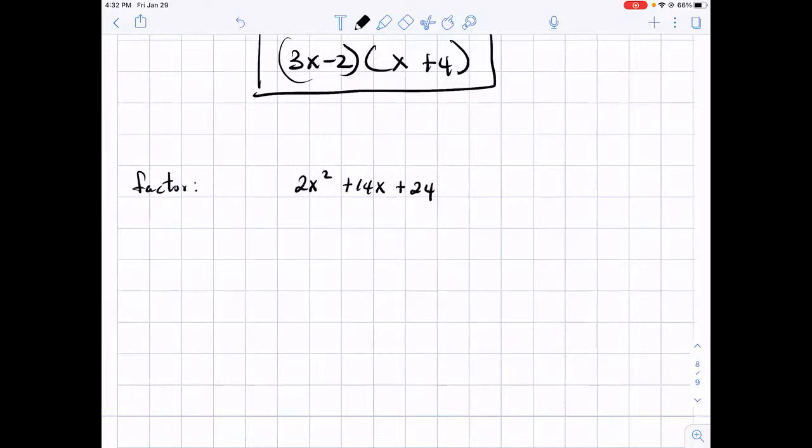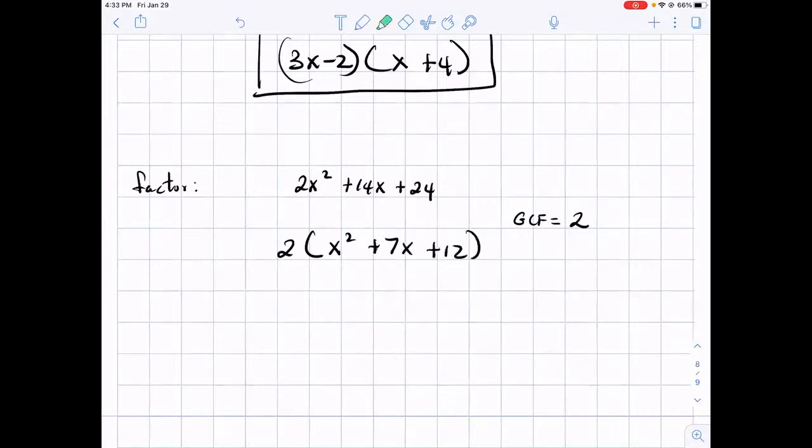Now, remember you're factoring, and the first step in factoring is to look for GCF. So what is your GCF? GCF here is 2. If you take out 2, you'll be left with x squared plus 7x plus 12.